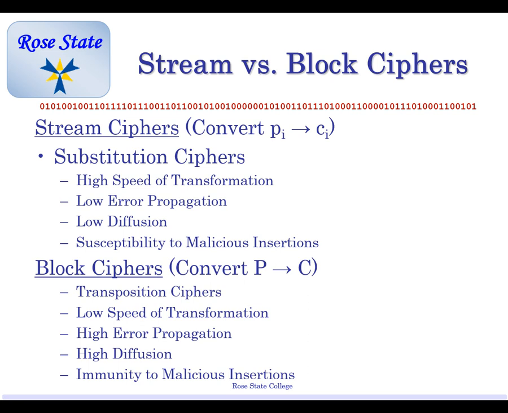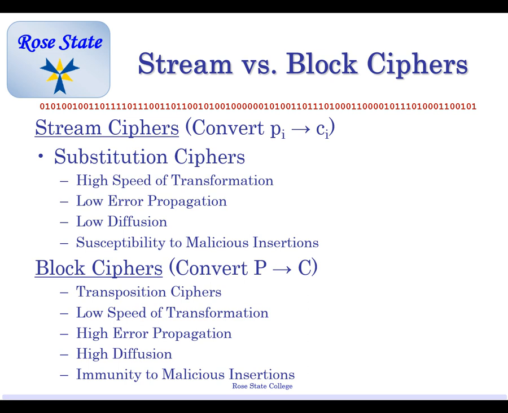You agree it's not going to affect the rest of them? Okay. Low diffusion, again, if I type one thing here, it's not going to affect the rest of the message whatsoever, but it is susceptible to insertion. You can very easily stick something in there. If I'm typing one letter at a time and sending it, you can very easily stick something in the middle. The guy at the other end won't realize it.